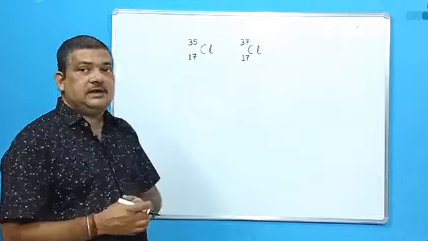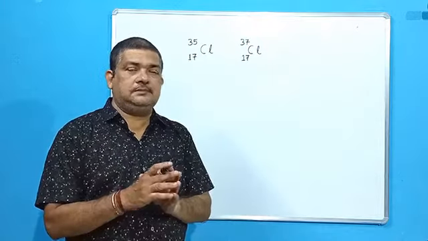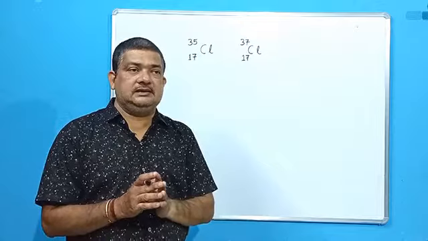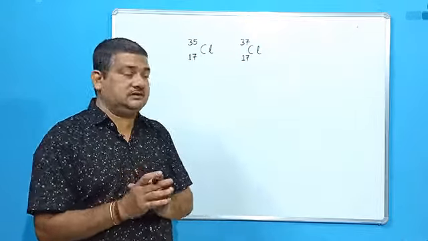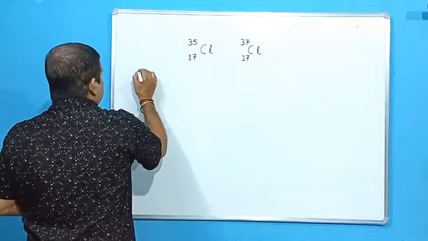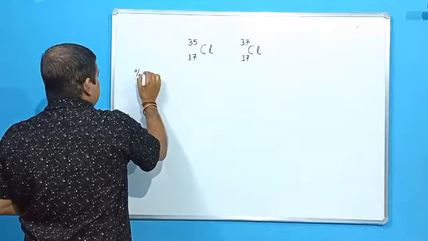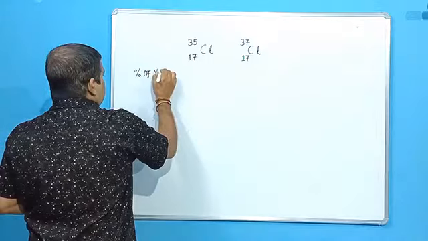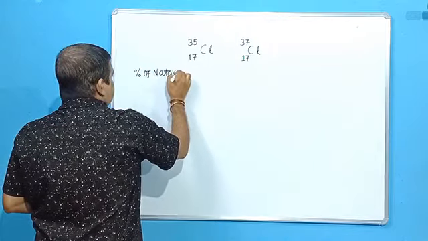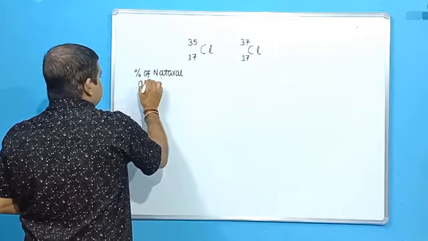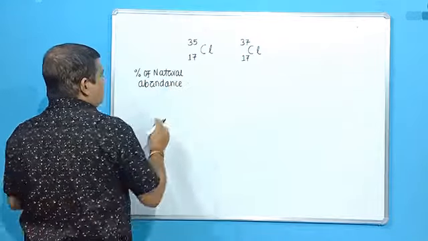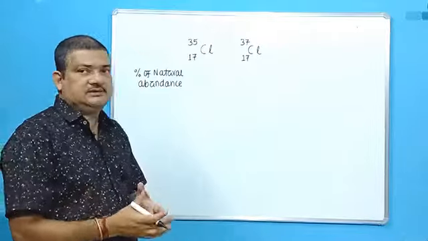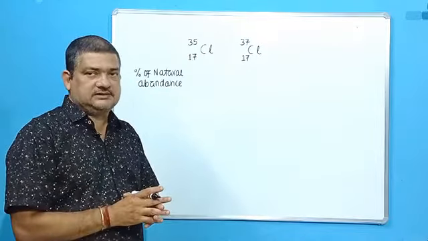Then in order to calculate the average mass of an atom, we need another data: in what percentage are these two isotopes present in nature? That is called percentage of natural abundance. In some books it is written as fraction of abundance.